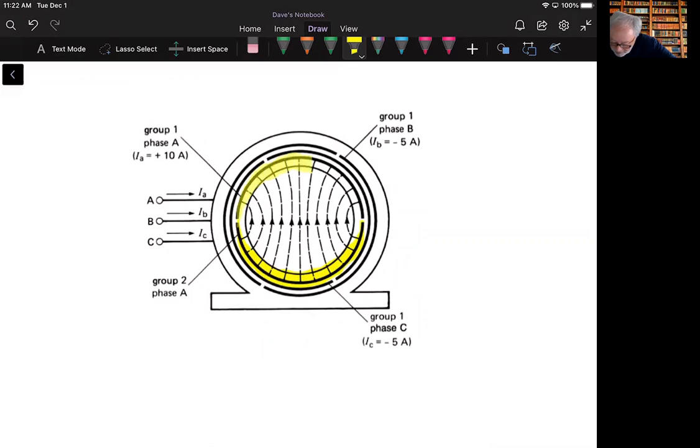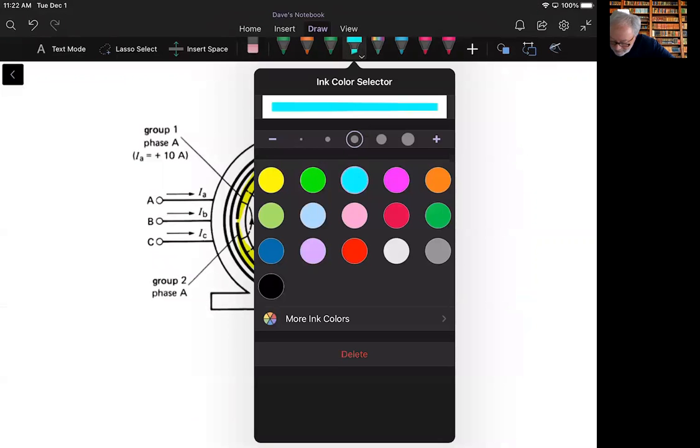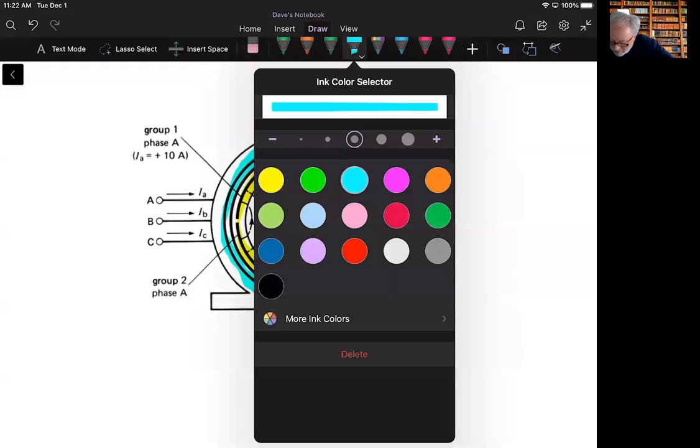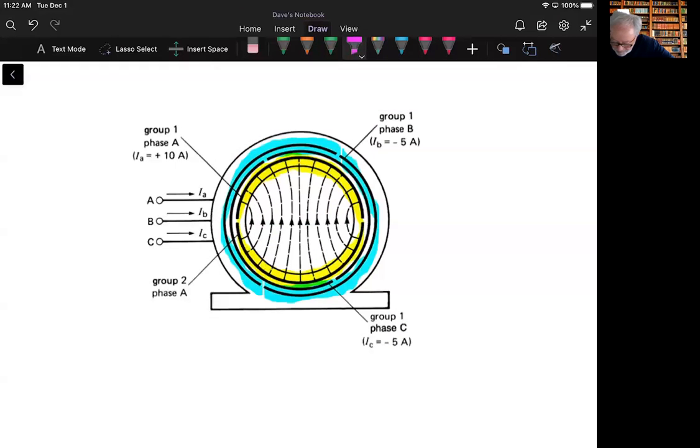But anyway, here is A. Let me select a different color. And here is B. And then finally, here is C. C is in here. Well, it's overlapping.